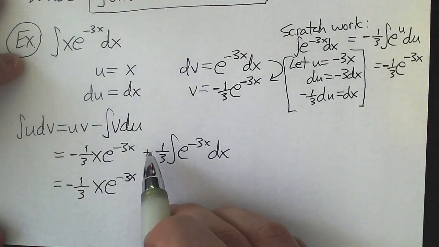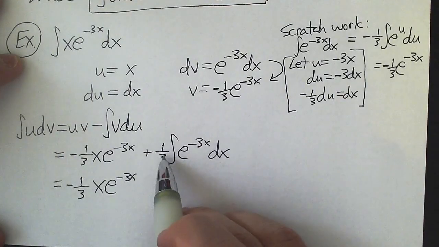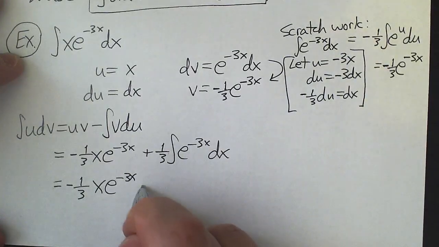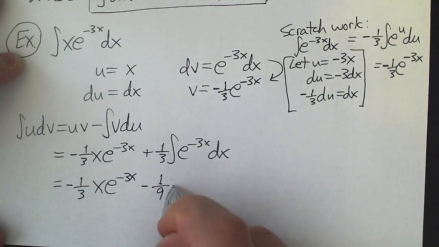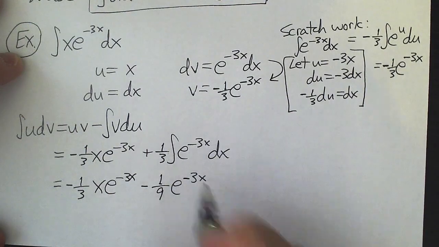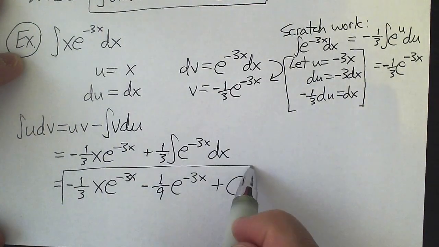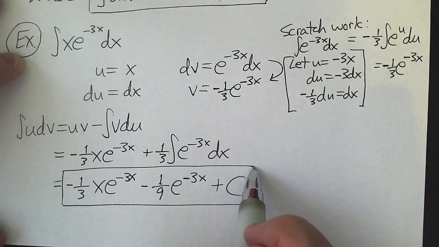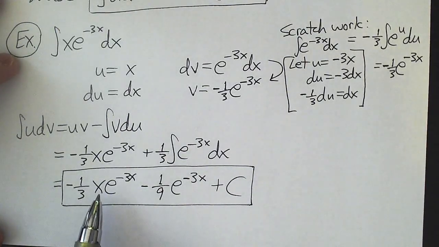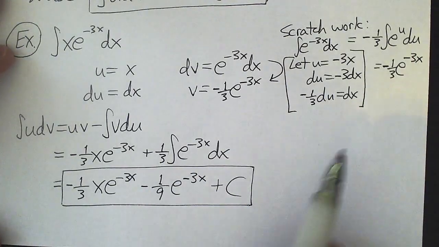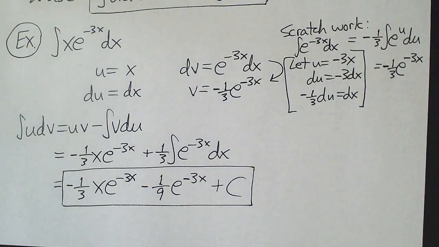So there will be a negative here, plus 1/3 times something that's negative, and there's a 1/3 times a 1/3, so let's make it 1/9 e to the negative 3x, and now I need a plus c. There are also other ways you could write this final answer. You could factor out a 1/3, you could factor out a 1/9, you could factor out e to the negative 3x. There's a lot of options, but I think the way we wrote it here is also fine.